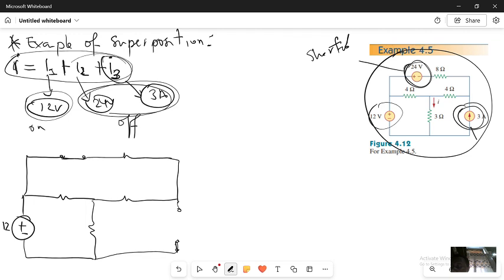Since this one is a current source, it's going to be open here. Now I remain with only this source with the resistors 4 and 8. This current is going to be I1, because I1 is the current contributed by the 12 volt source.